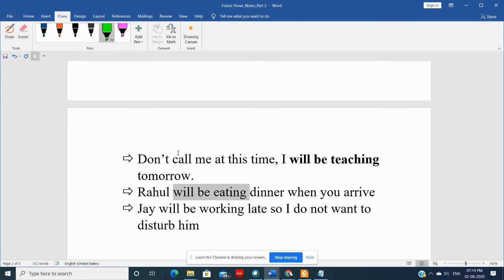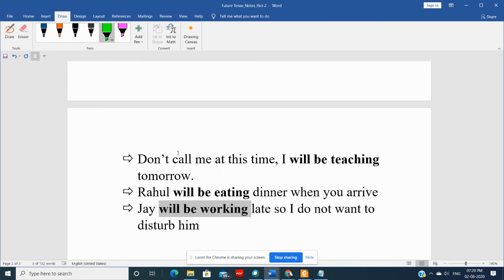Then Rahul will be eating dinner, because you are quite sure that this is his time for dinner. So he will be eating dinner when you arrive. And Jay will be working late. Again, when we are quite sure about it that somebody will be working late. So I don't want to disturb him, right? So this is how you can use future continuous tense.